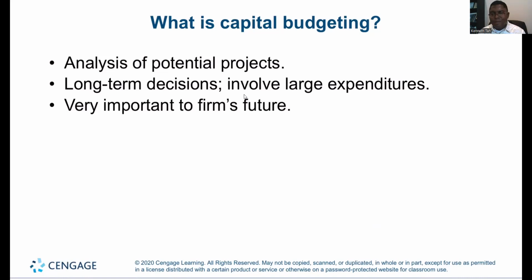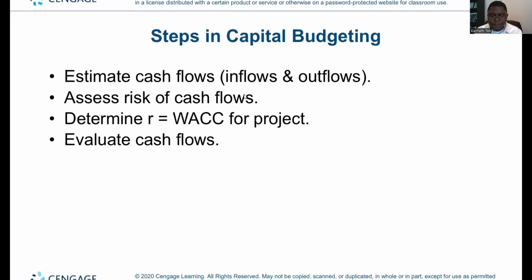So this kind of decision that is long-term in nature and involves large capital expenditure is really what we call capital budgeting. And it's extremely important for the company's future, because most companies are faced with capital budgeting decisions. They need to make a decision on which projects they can invest in.